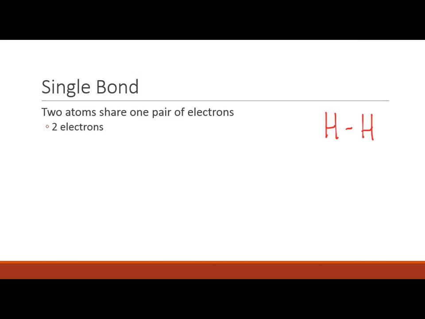This could also be between, maybe a carbon and a hydrogen, right? Or 2 fluorines. And it doesn't matter whether or not there are lone pairs on some of the atoms, like in the case of fluorine, but this would be a single bond here in the middle, right, which represents 2 electrons.